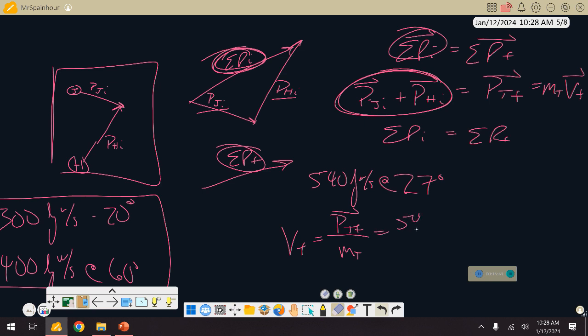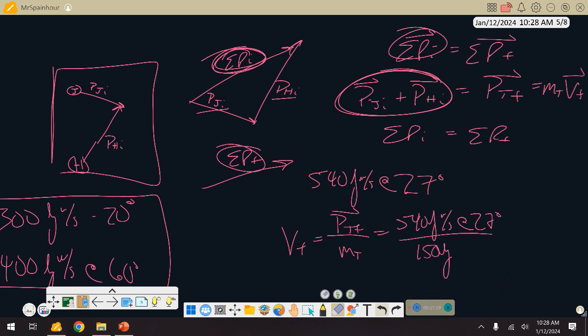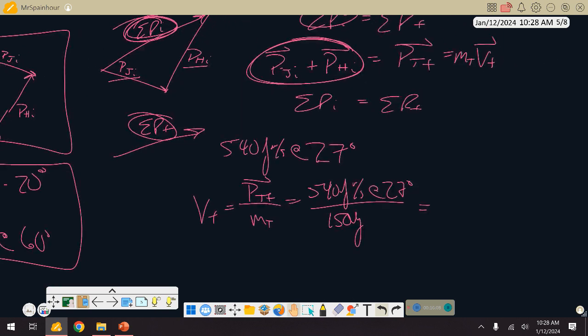Or 540 kilograms meters per second at 27 degrees divided by 150. What do you get? 3.6, almost. There it is. Meters per second at 27 degrees.